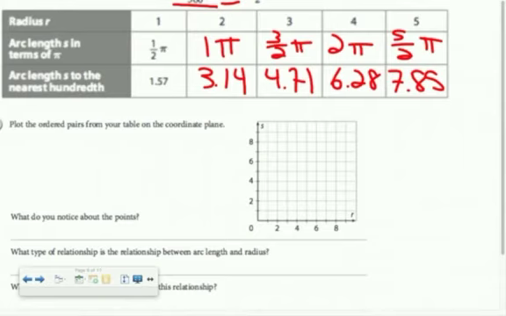I copied and pasted that table onto this screen to make it easier for me to graph these points. And I'm graphing the points r, s. So when my radius was 1, the arc length was 1.57. When the radius was 2, s was 3.14.